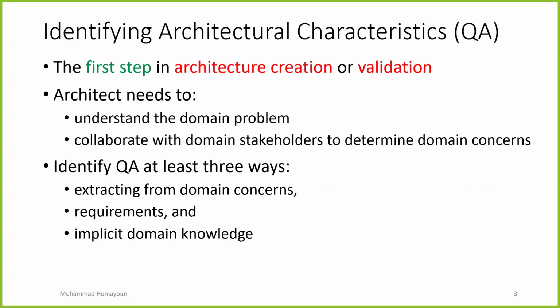So the architect needs to understand the domain problem, what problem we are solving, and they also need to collaborate with domain stakeholders to determine their domain concerns. What are the concerns they are having? And then there are three ways you can identify quality attributes from that knowledge.